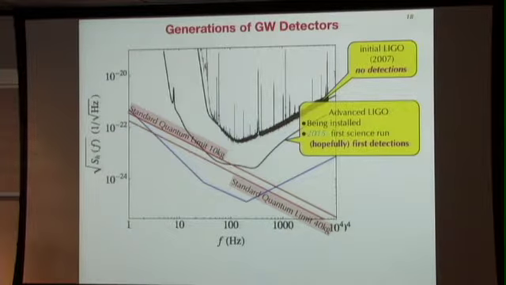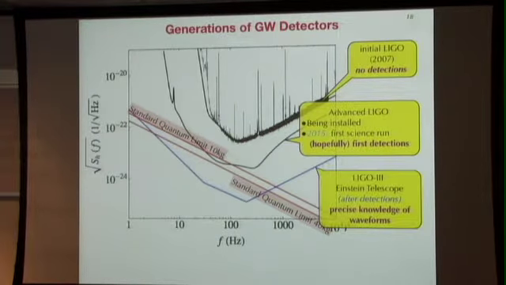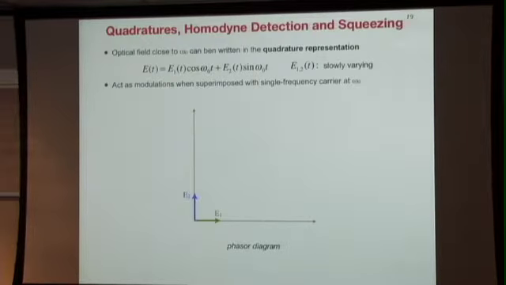And then the community is planning third generation detectors, which will have much better sensitivity, but then they may have to really go beyond the standard quantum limit. So therefore, I will try to talk about quantum enhancements that will be implemented in these upgrades of gravitational wave detectors.